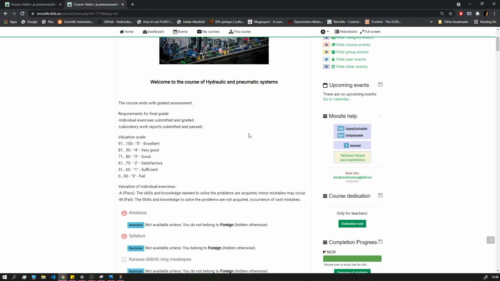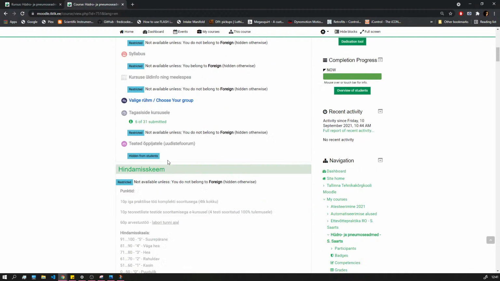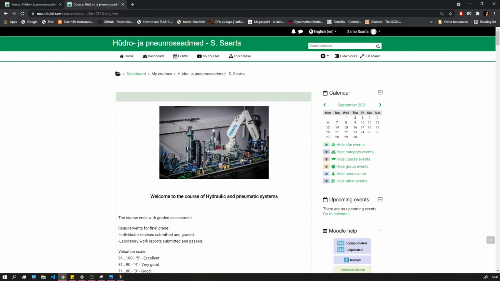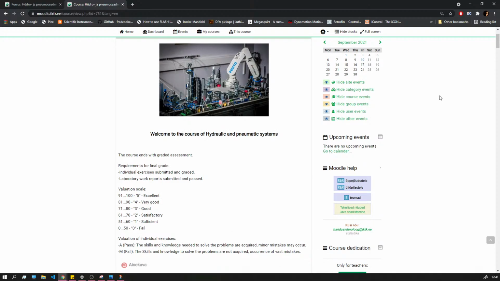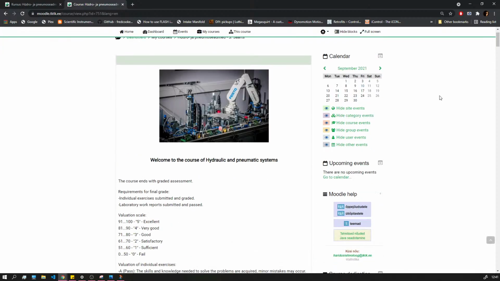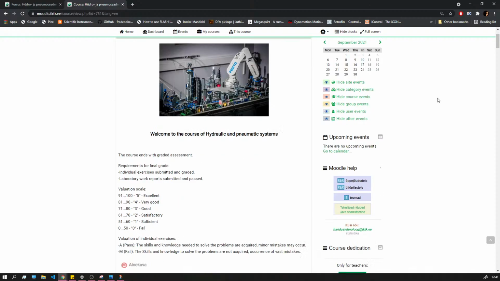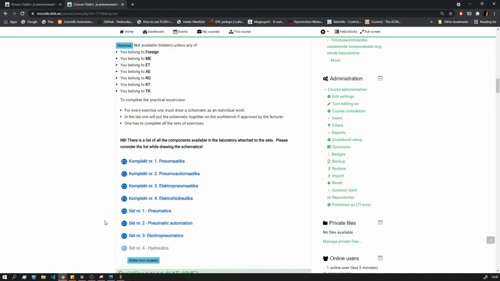Most of the text should be in English, for you at least. There is some text in Estonian too. Unfortunately, I haven't had time this week to really clean up the course. But basically, the course has some practical work to do.